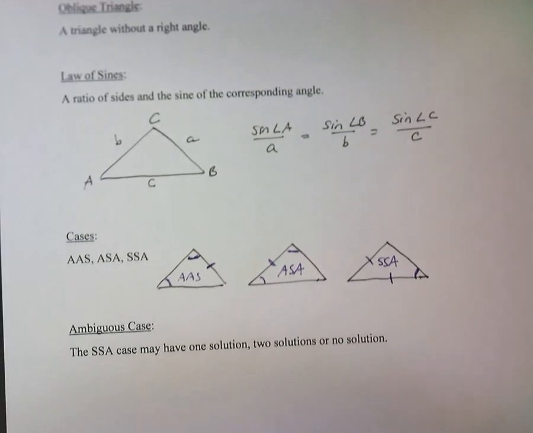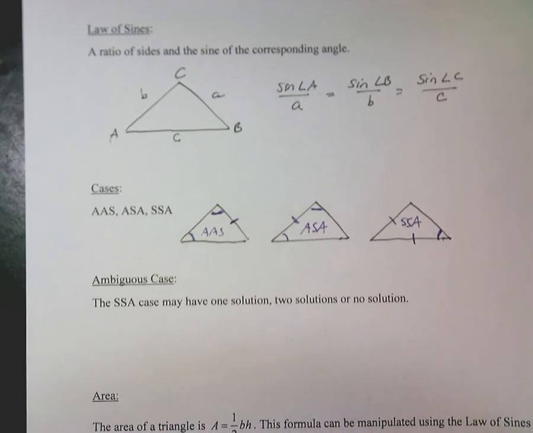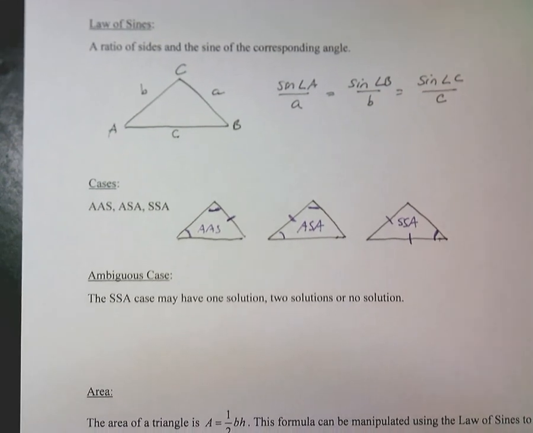Law of sines is complicated just because of this ambiguous case. What happens is the side, side, angle case may have 1 solution, 2 solutions, or no solutions. And I'll give examples of this during the live lesson.